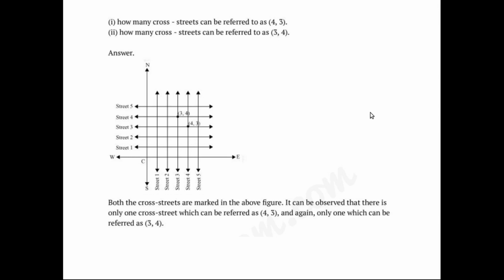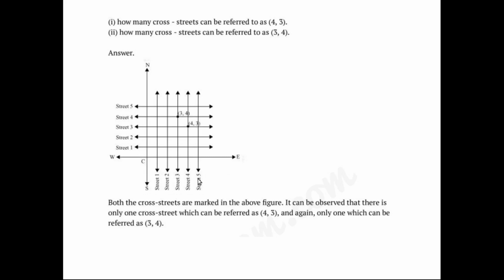Next, see here. We have two main roads, east to west and north to south. With respect to these two main roads, we have 5 streets here and then 5 streets here. So this is the given problem, 5 different streets.